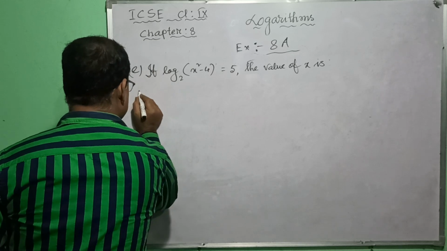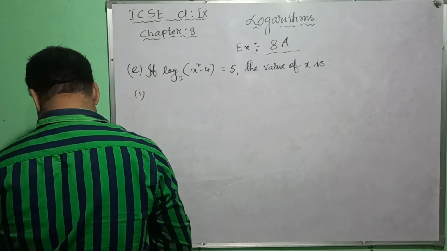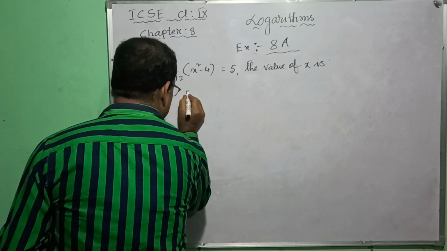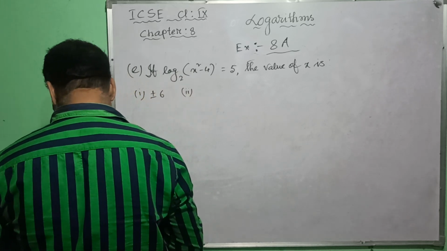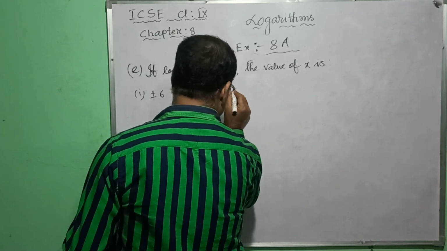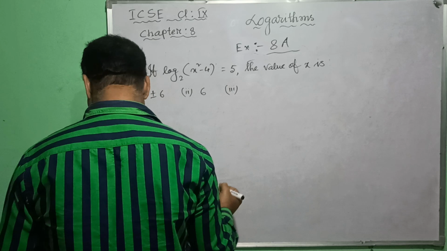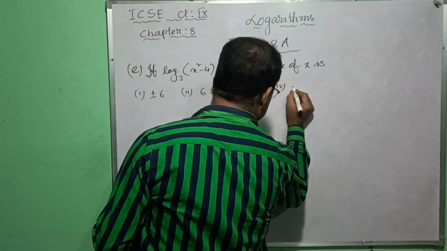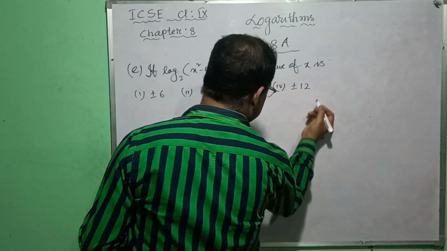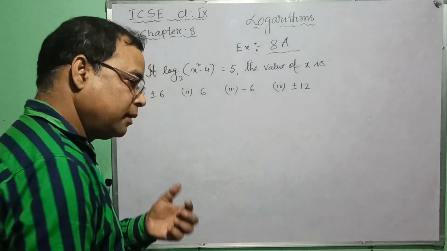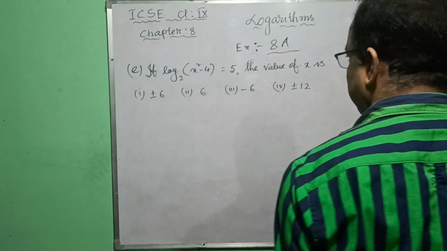So here options are given: option 1, plus minus 6; option 2, 6; option 3, minus 6; and option 4 is given plus minus 12. So these are the options. Let us try to solve it.